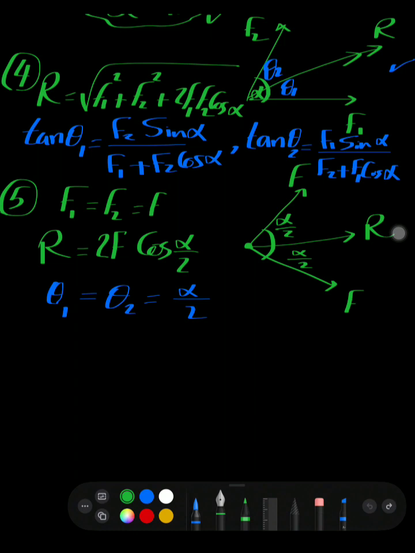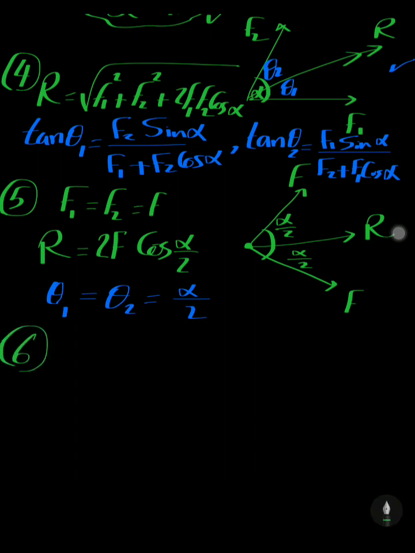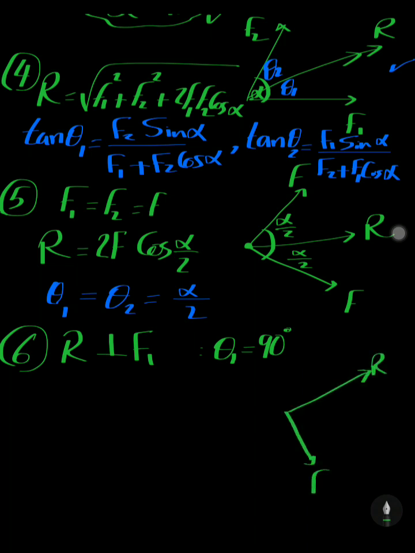The last case: if the resultant is perpendicular to F1, that means theta 1 equals 90. The resultant and F1 are perpendicular. Don't forget, in all cases, the resultant must be in the middle between F1 and F2.